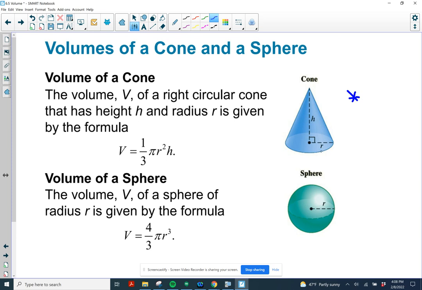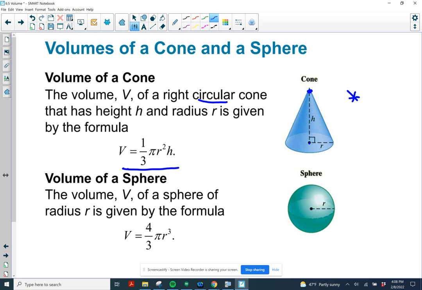Notice that the base is a circle, hence the circular, because the tip of the cone is directly above the center of that circular base. So the height is h, the radius is r, and the formula for volume is 1/3 pi r squared h. A little bit like our pyramid, right? 1/3 times the area of the base times the height. Yep, it is.